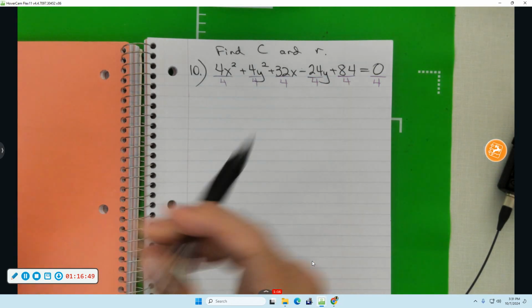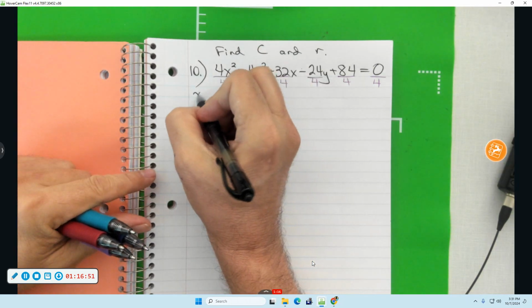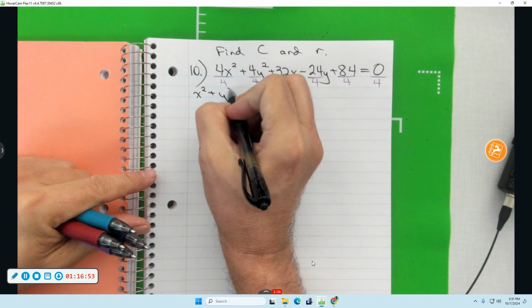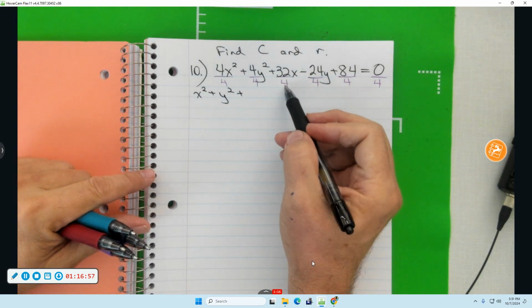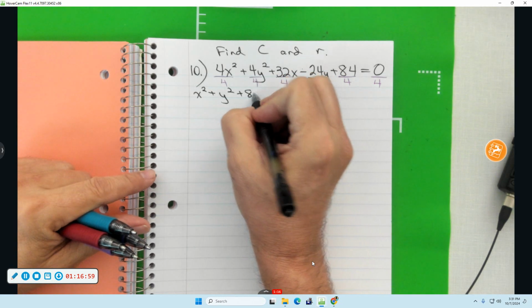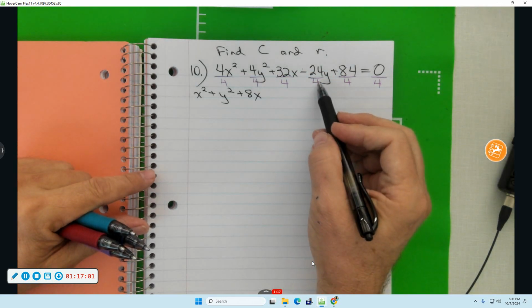So we now have 1x squared plus 1y squared plus 32 divided by 4, that's an 8x. What are we going to have for y?